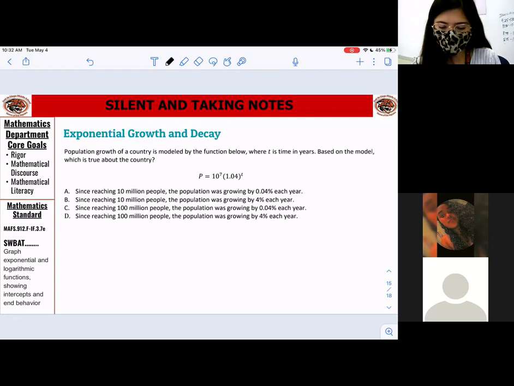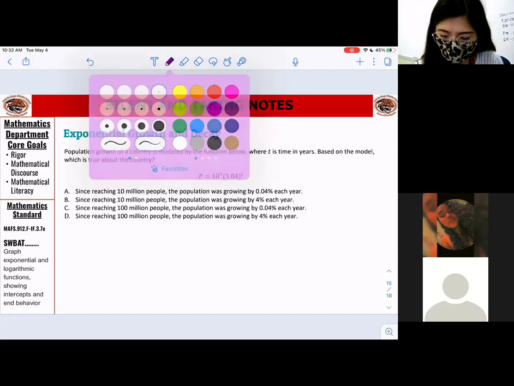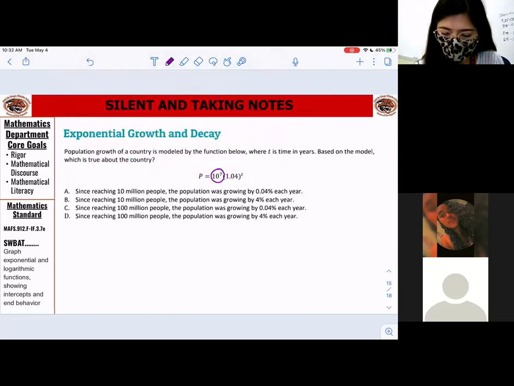Let's take a look. So first thing, this situation right here, 10 to the power of 7. When you have 10 to the power of a number, that number is how many zeros you're going to add on the end. So we're going to count.